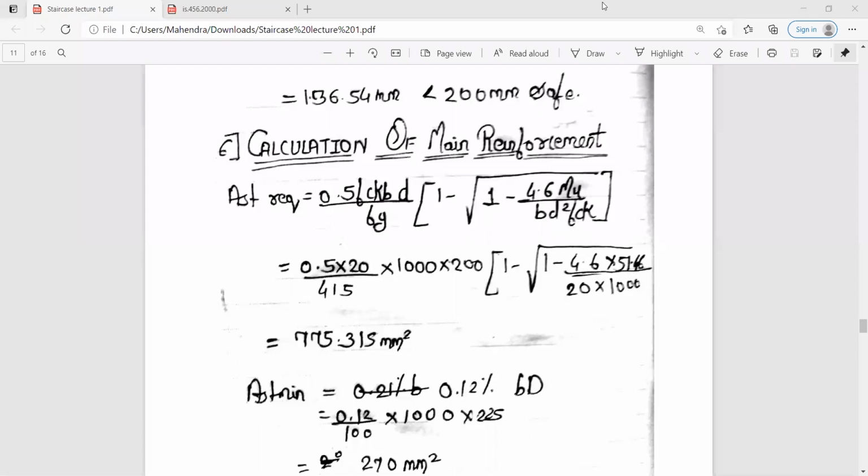775.315 mm square. So calculate AST required for the main reinforcement.